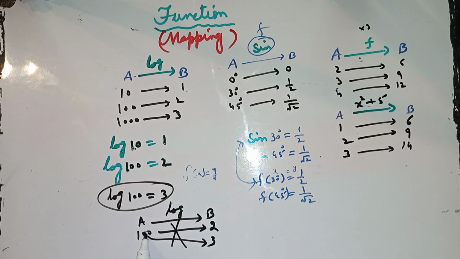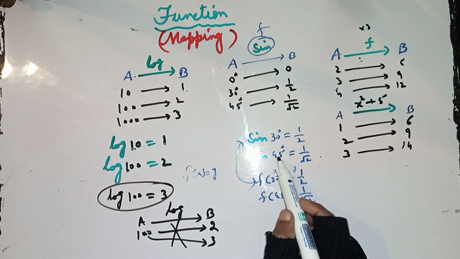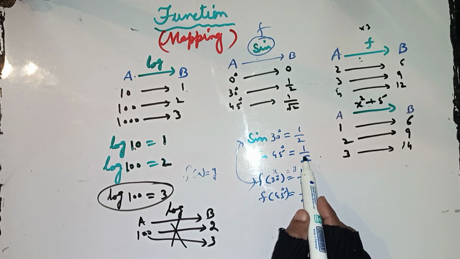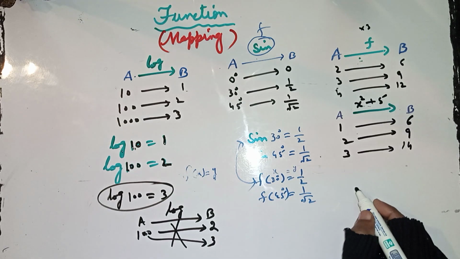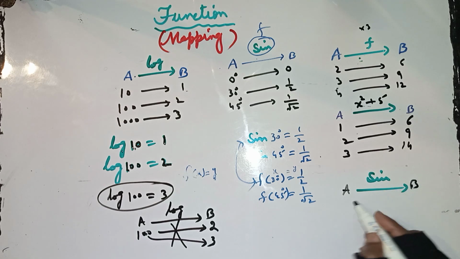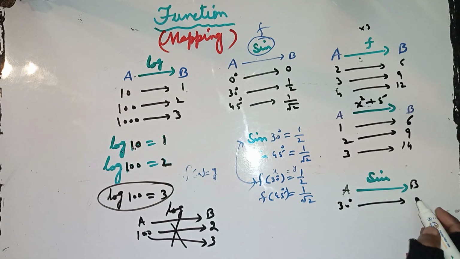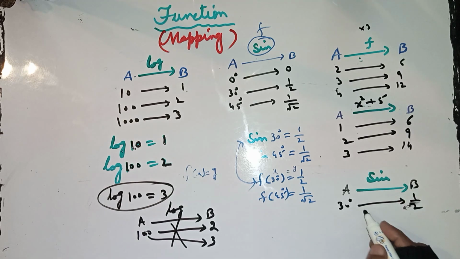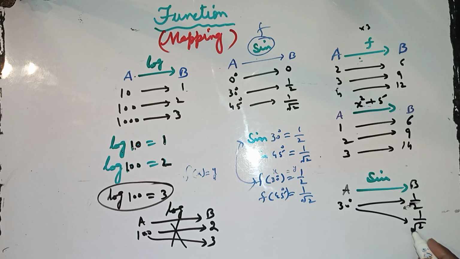So what we concluded here, it is not possible that sine 45 in the morning is 1 over under root 2 and in the evening is 3 under root. After applying the sine operation A to B, 30 gives us one answer, 1 over 2, and another answer in the evening? Absolutely not. It is not possible.